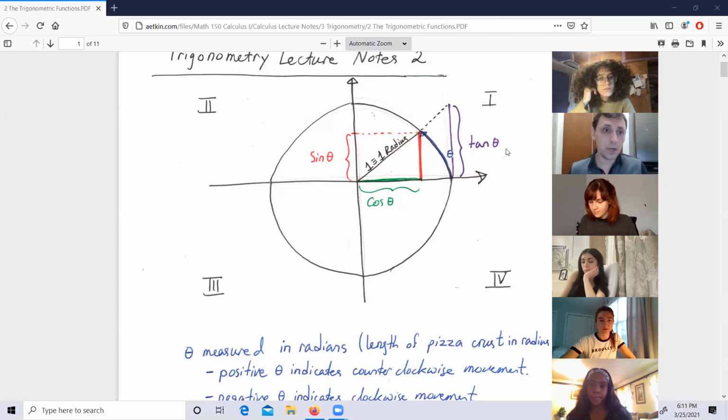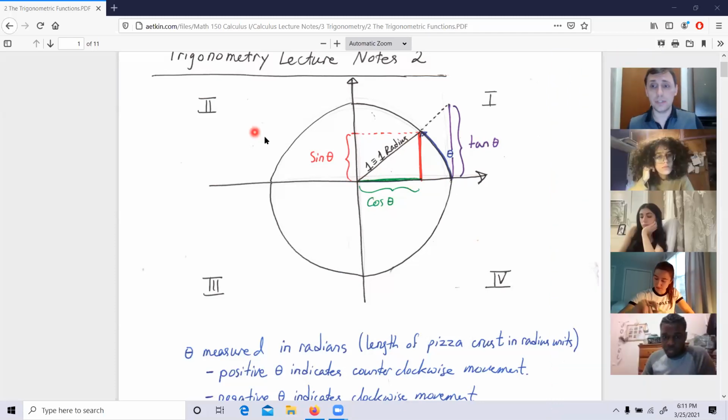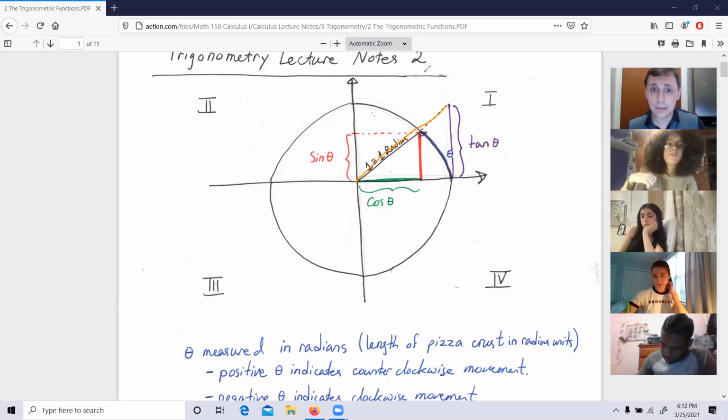And to divide by 1, I just rescale the triangle. You can imagine dragging this longer. Actually, here it is, guys. The secant is in the picture. You see where secant is? It is right over here. You agree? That's my secant.